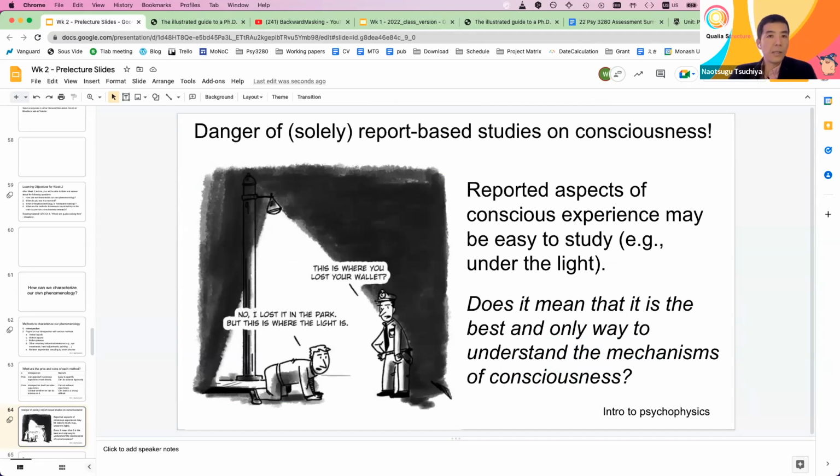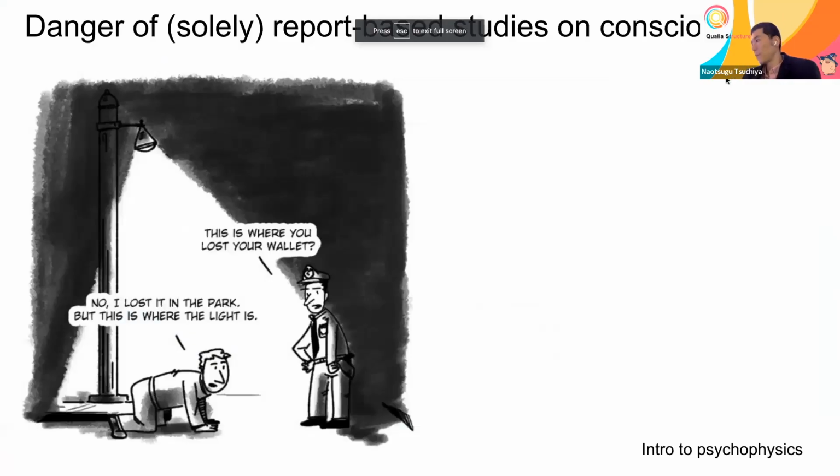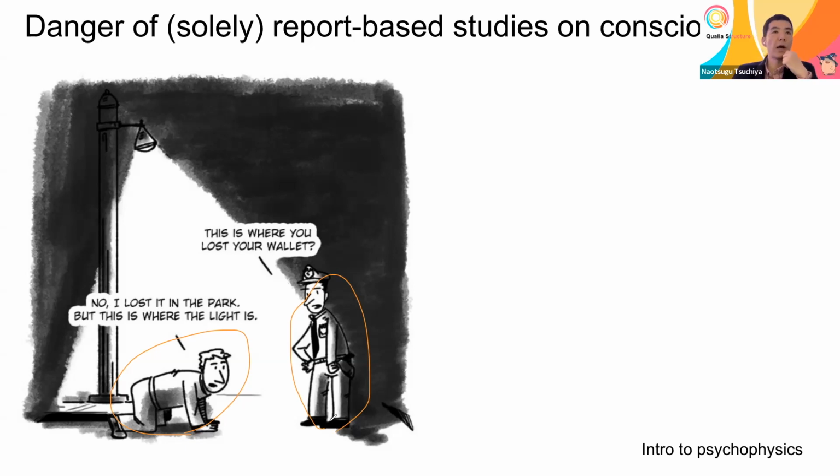So what I mean by that is this. This is a slide from a comic book depicting a situation where some guy lost his wallet in the park and is trying to find it. The policeman asks this guy, what are you looking for, and why are you looking here?